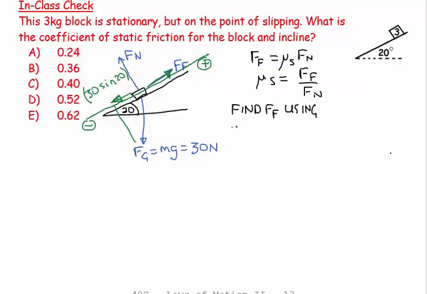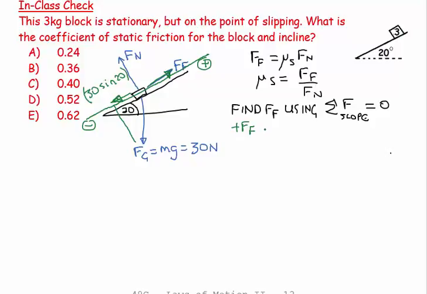So I'm going to say plus Ff. Oh, I'm sorry, I didn't actually formally tell you what I was going to do. Because it's in equilibrium, I can say the sum of the forces along the slope equals 0. I'm relying on the fact that we have equilibrium along the slope. So now I can go to the more detailed answer.